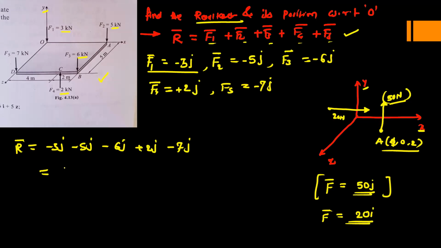So this resultant is -19j, and the unit is kilonewton. Okay, so this is the resultant for the given system. Now next step is we have to find out the position with respect to point O.